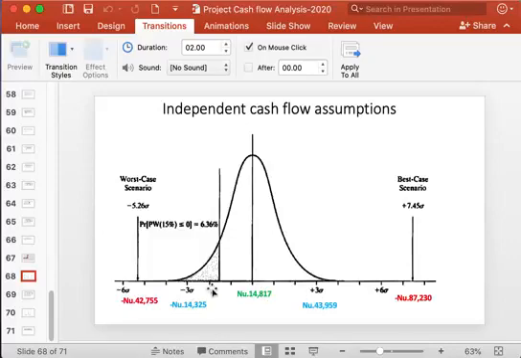So assuming that the cash flows, each year's cash flow are independent, then with the worst case scenario, we found that the pessimistic estimate of the net present worth is equal to minus 42,755, and using optimistic estimate, the net present value was found out to be 87,230 Newton.